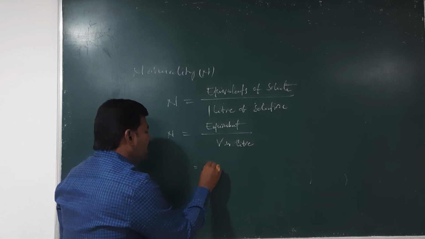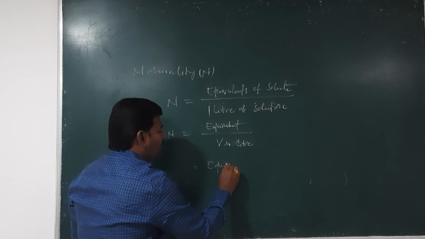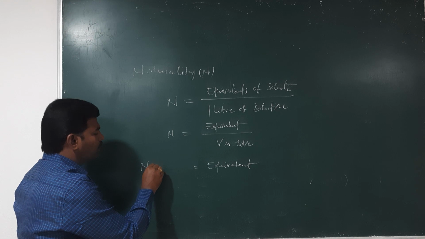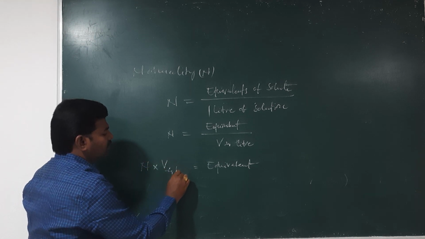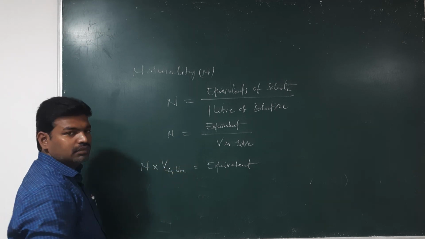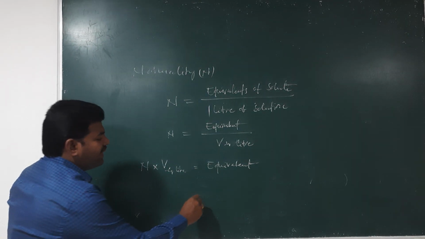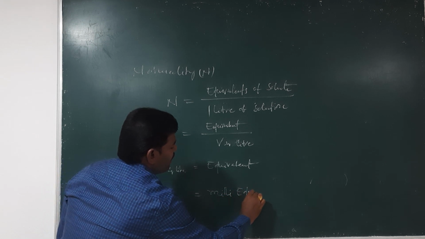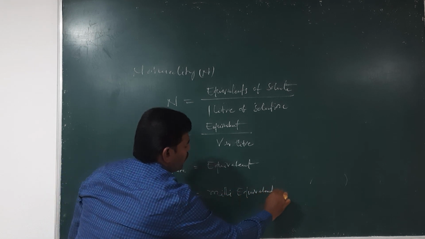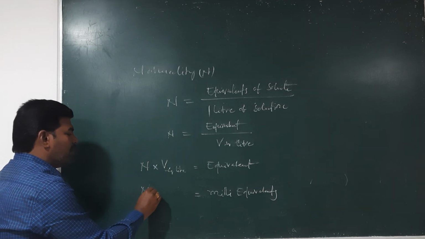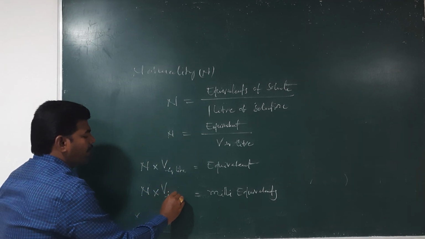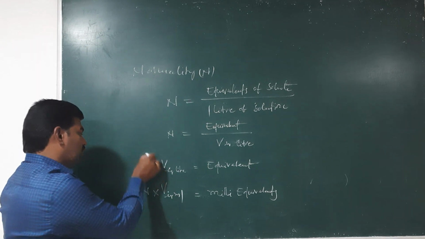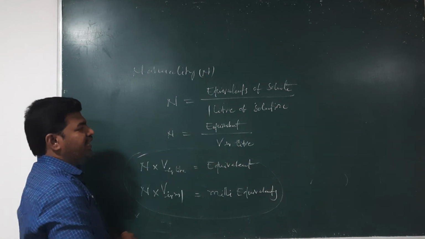So equivalents is equal to normality into volume in liters. We can get the milliequivalents of solute by multiplying the normality with V in ml. Again, these two equations are very important.